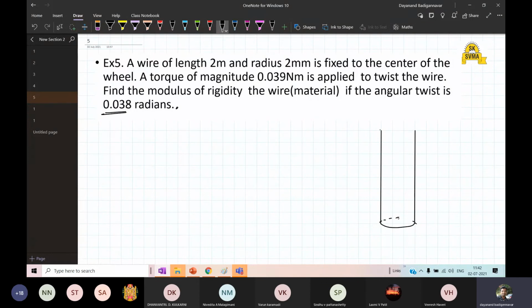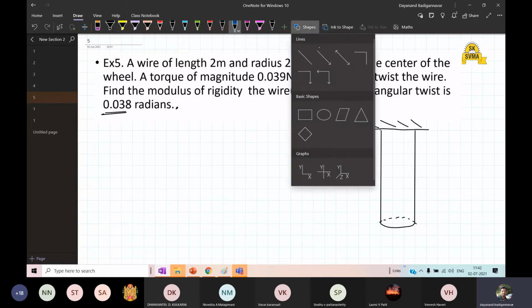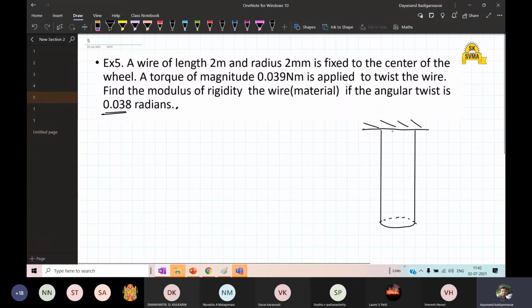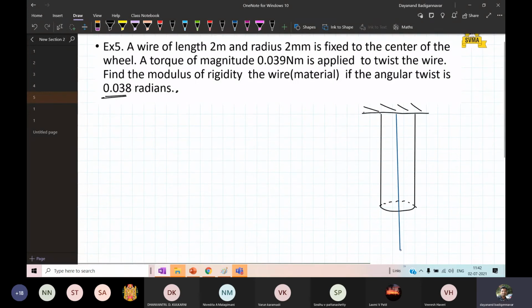Now this end is fixed, and I am applying the torque. This is the axis of the cylinder.